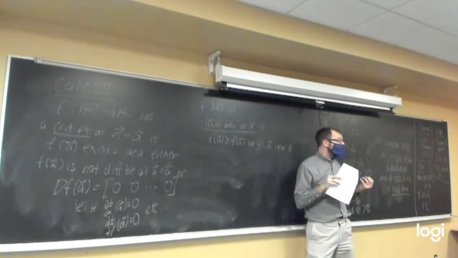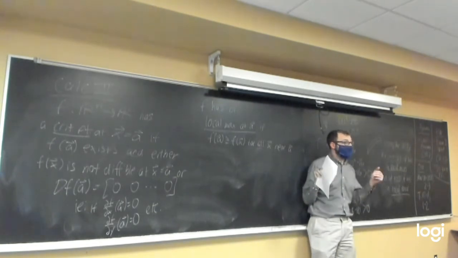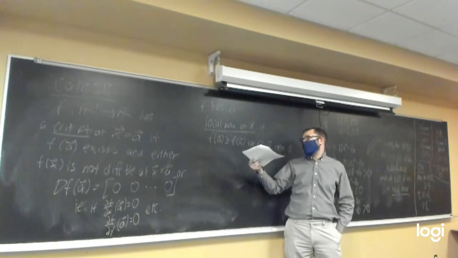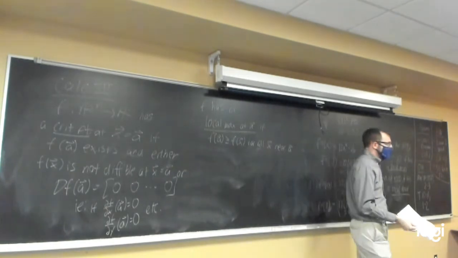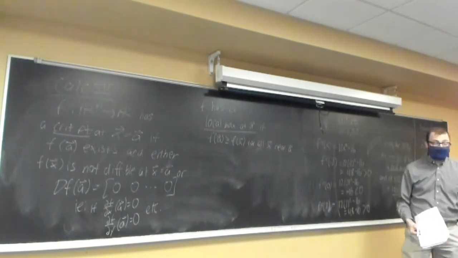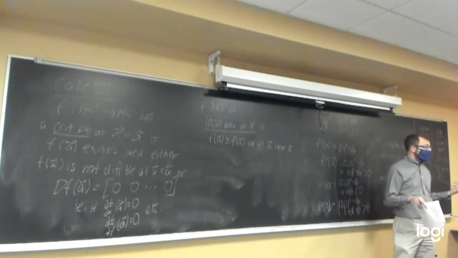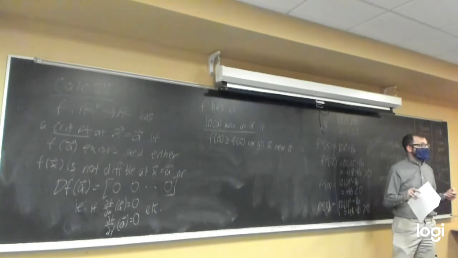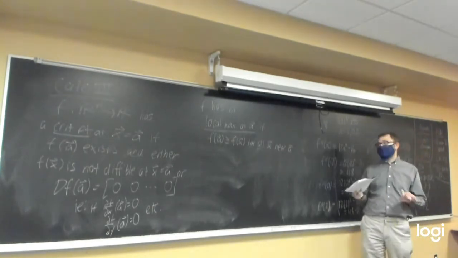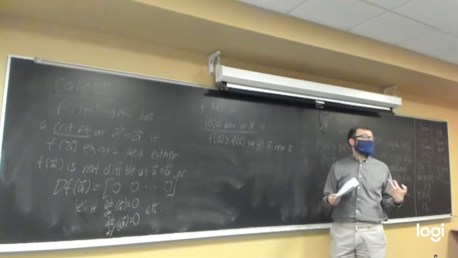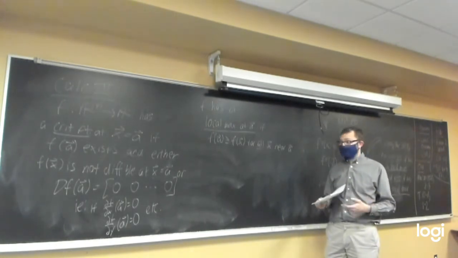Meaning any input x that's close to the value a is always going to have that f of x is less than or equal to f of a if there's a local max there. Meaning at all the points close by, the largest output to our function, so this would be the largest z-coordinate of our function, is going to be biggest at your point a, if there's a local max there.